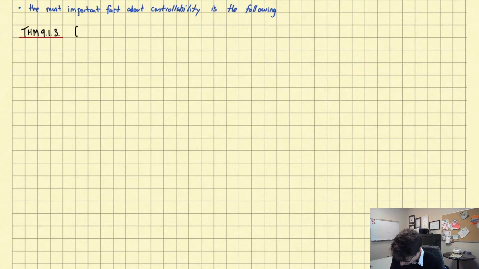A, B is controllable if and only if, for every set of desired eigenvalues, there exists a state feedback matrix F such that A plus BF has exactly the desired eigenvalues. Again, in the context of our stabilization problem, this is why this is an important property for us.